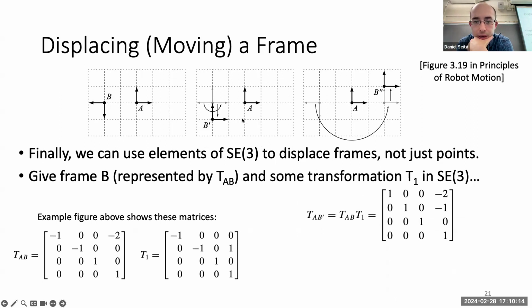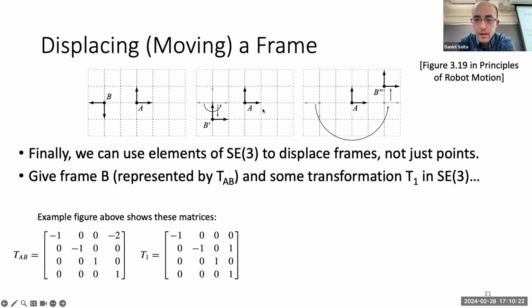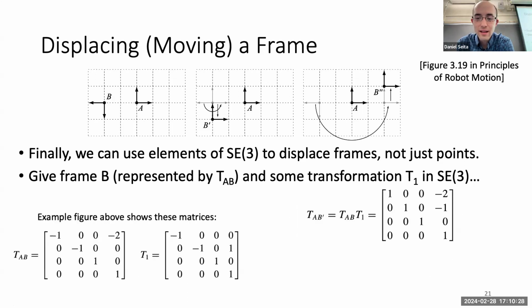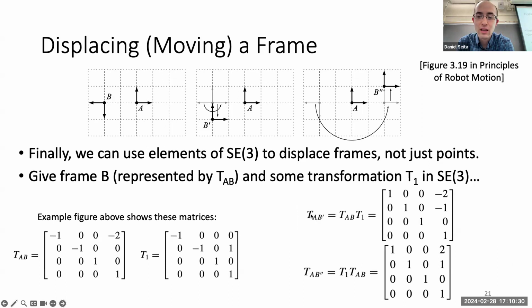That's why you get the -2 here, because, actually wait, it's relative to A. So I guess the way to think about this is as long as you remember that it's relative to A, then A is just your origin. So you get -2 here, then -1 here, and then for this case you get +2, and then +1 here. And the rotation for both is just the identity, because it looks like you've just translated the A to B prime and A to B double prime, basically.